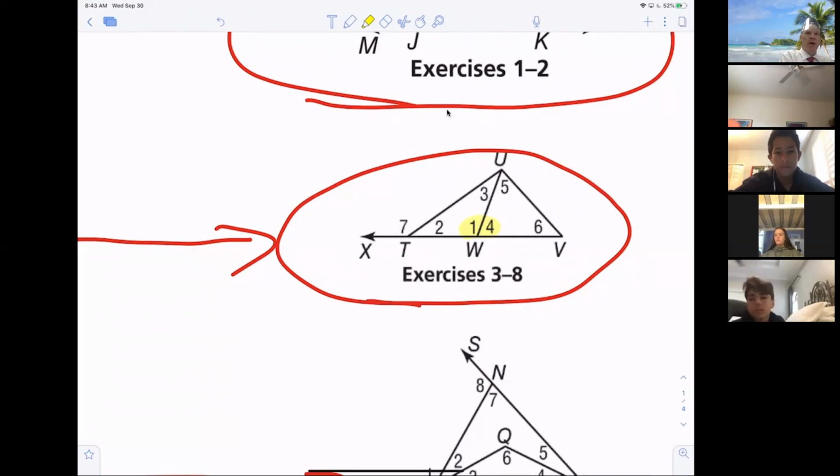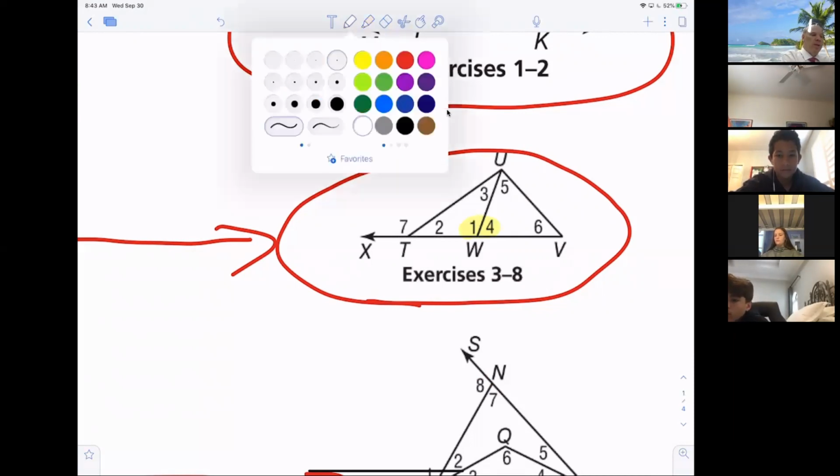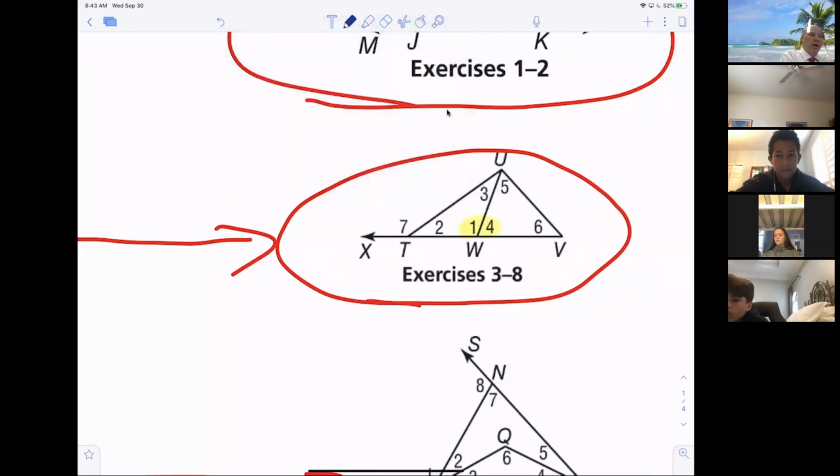Does the exterior angle have to be greater than angle 4? No, because again, every year I have to explain this, so it's good. This right here could be like this, right? So then the exterior angle, angle 1, would be less than angle 4. You agree with me on that?